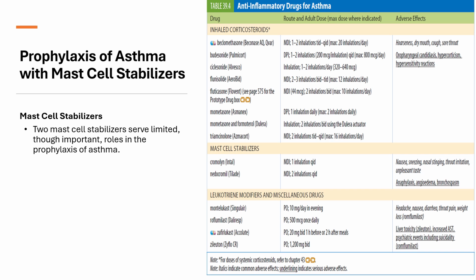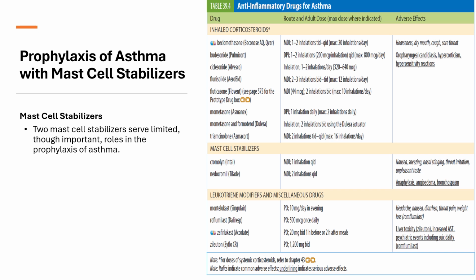Adverse effects of cromolyn include stinging or burning of the nasal mucosa, irritation of the throat, and nasal congestion. Although not common, bronchospasm and anaphylaxis have been reported. Because of its short half-life, cromolyn must be inhaled 4 to 6 times per day.